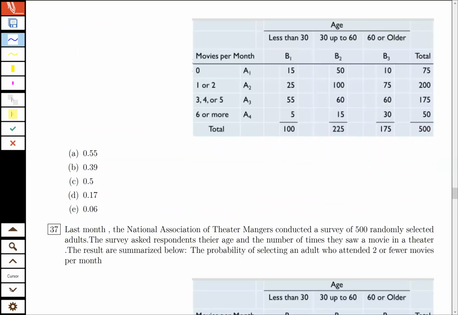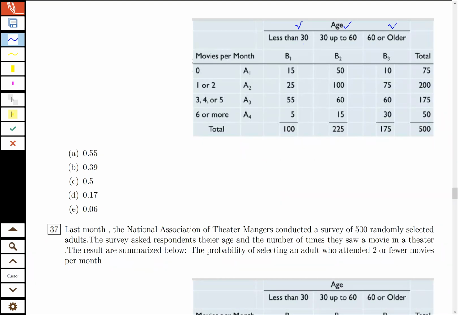If we look at the table to understand it first before we go to the solution, they asked several people about two things, not one thing, about their age. Some of them said they are less than 30. Some of them said between 30 and 60, and some of them are 60 or more.